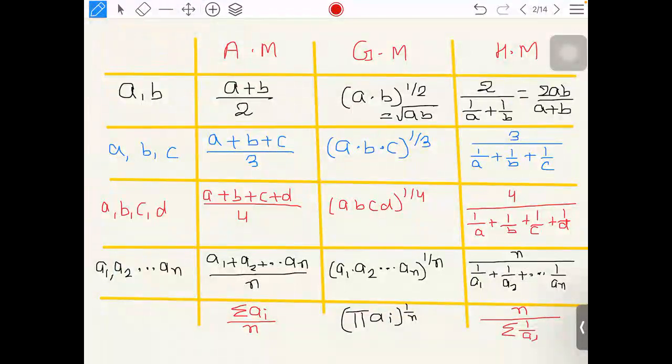So this is AM, GM, and HM. We may have more than 3 or 4 terms, that's why we generalize it for n terms.